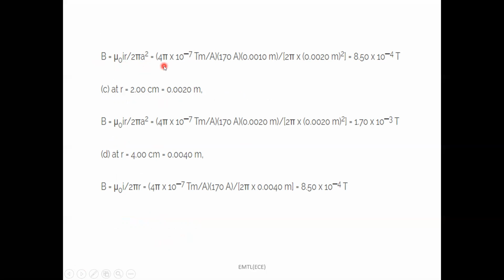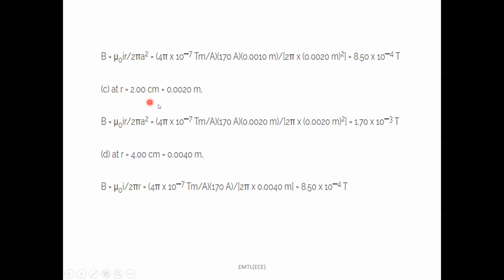Mu naught value is 4 pi into 10⁻⁷, I is the current, that is 170 amperes, and r is 0.0010 meters, by 2 pi. The a value is given in the problem, that is 0.0020. By calculating all these values, the resultant value is 8.50 into 10 power minus 4 Tesla.